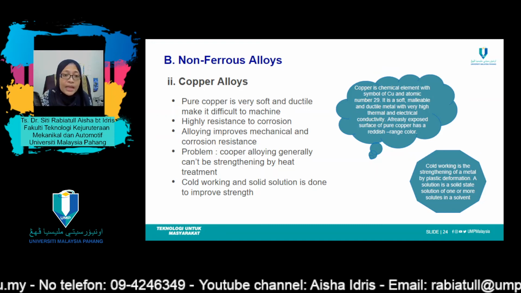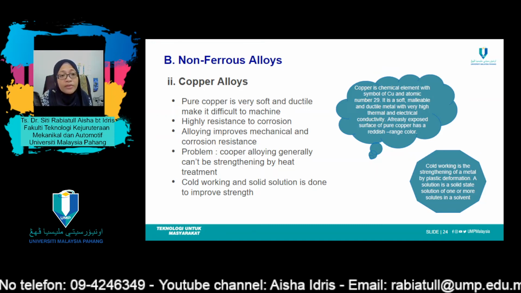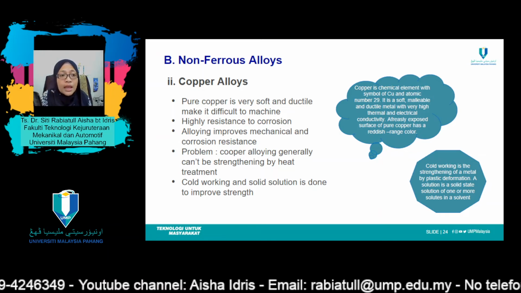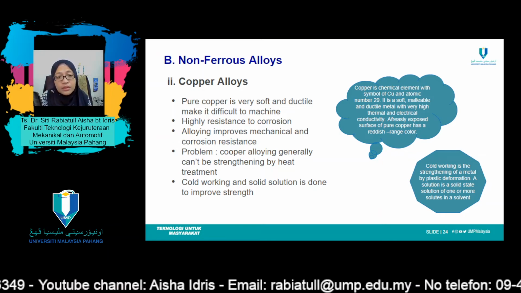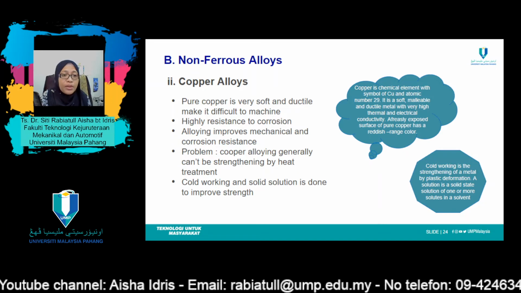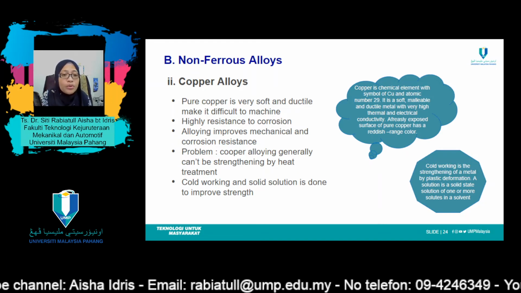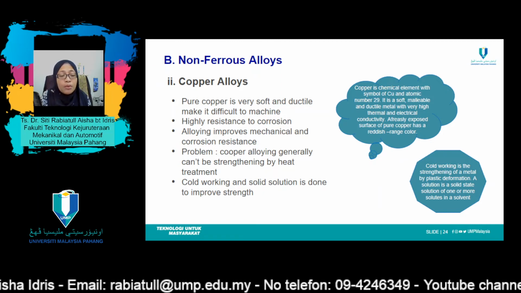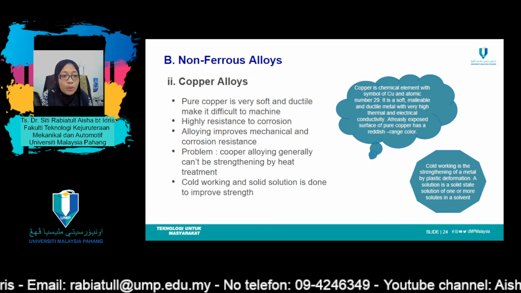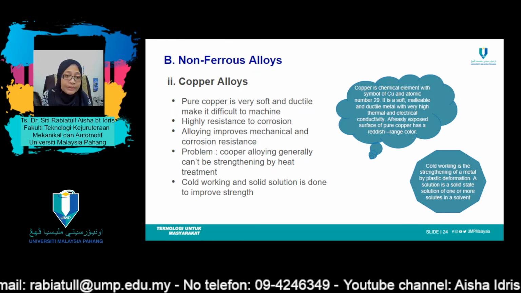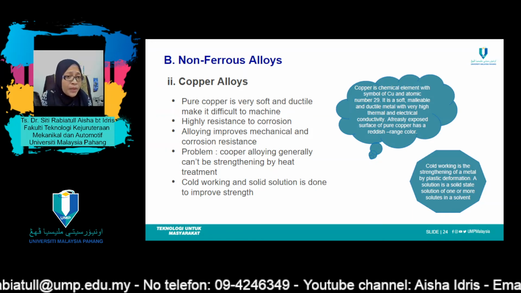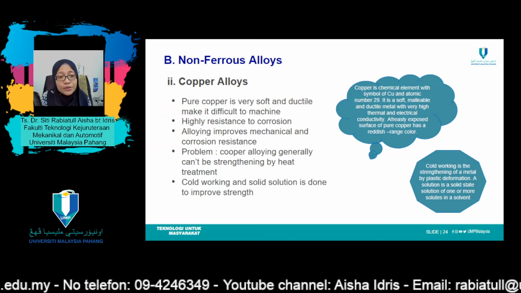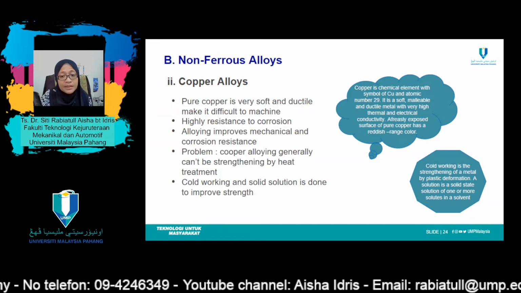Furthermore, it is highly resistant to corrosion in diverse environments, including the ambient atmosphere, seawater, and some industrial chemicals. The mechanical and corrosion-resistant properties of copper may be improved by alloying. Most copper alloys cannot be hardened or strengthened by heat treating procedures. Consequently, cold work and solid solution alloying must be utilized to improve these mechanical properties.